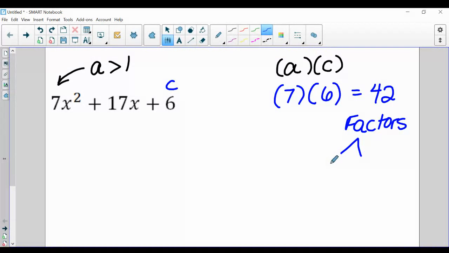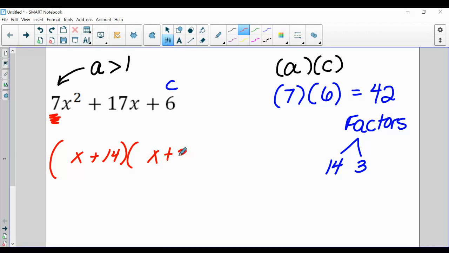Now, factors of 42, we have 14 times 3 is 42, and 14 and 3 add up to give you 17. So what we can do is take this 7, and as we split up into factors of x plus 14 and x plus 3, we'll take that 7 and bring it in front of each x here.